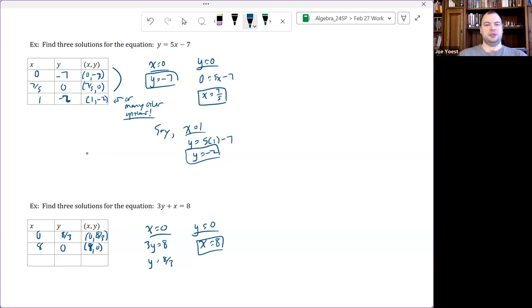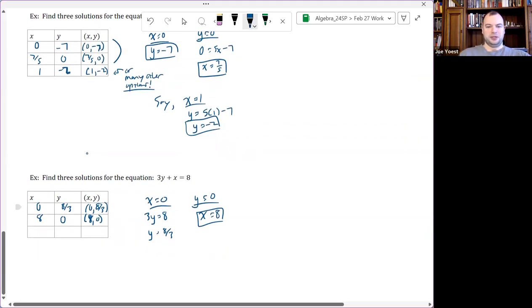And then lots of options for the third one. I decided to use x equals 1. That seemed like it wasn't too bad to do the algebra and the arithmetic. That gave me y equals -2. So an ordered pair (1, -2). But you could have used lots of other choices for x and gotten pretty reasonable algebra and arithmetic out as well.